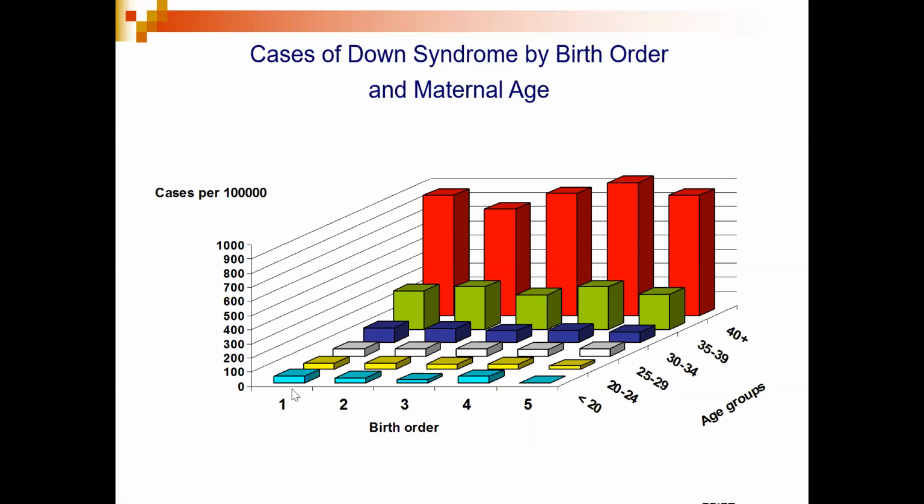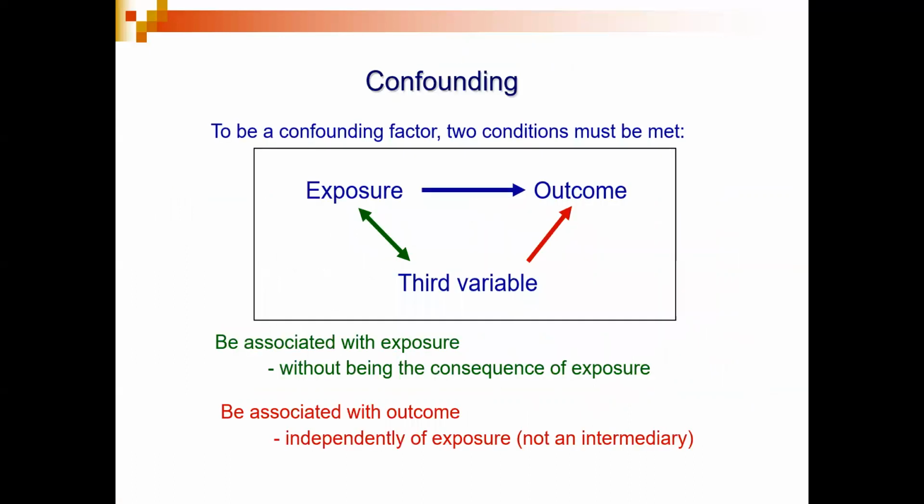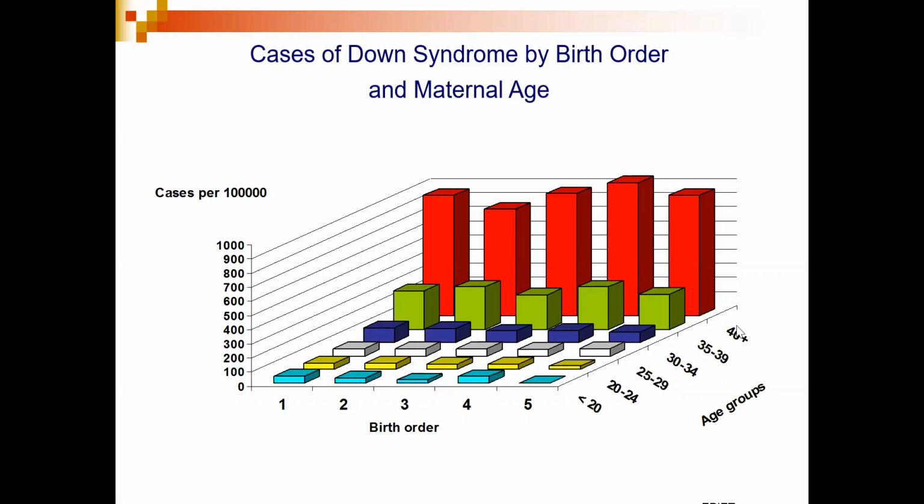If you look by birth order, as birth order increases, the number of cases also increases because of age. If you look at the other side, it is the same, which means what is important in this relationship is the age. If you stratify by age, you realize the older the mother is, the more cases of Down syndrome they are likely to have.